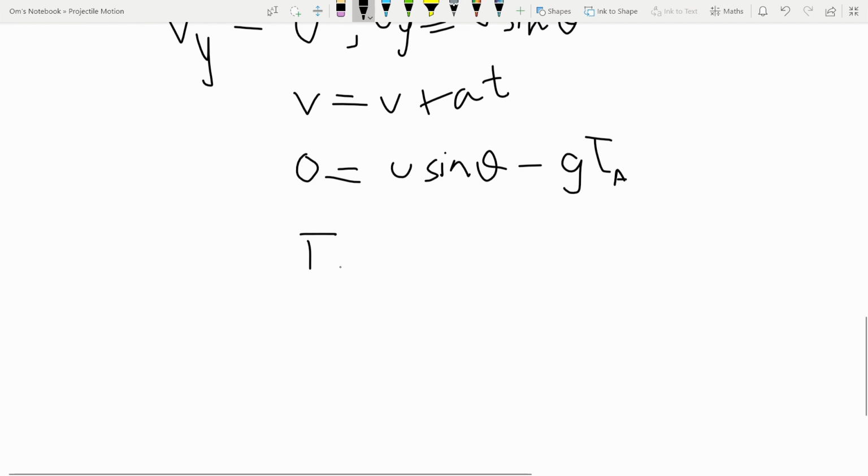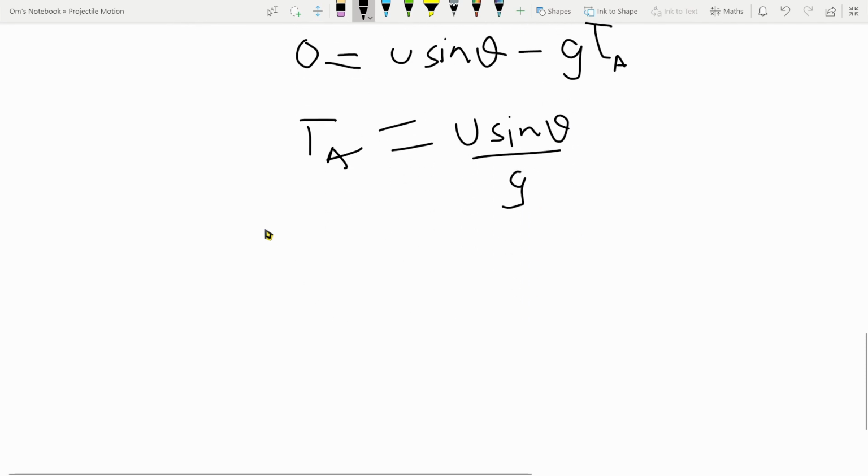So TA happens to be u sine theta by g, by just taking it to the other side, and the time of flight would be equal to 2 times the time of ascent, so that turns out to be 2 u sine theta by g.